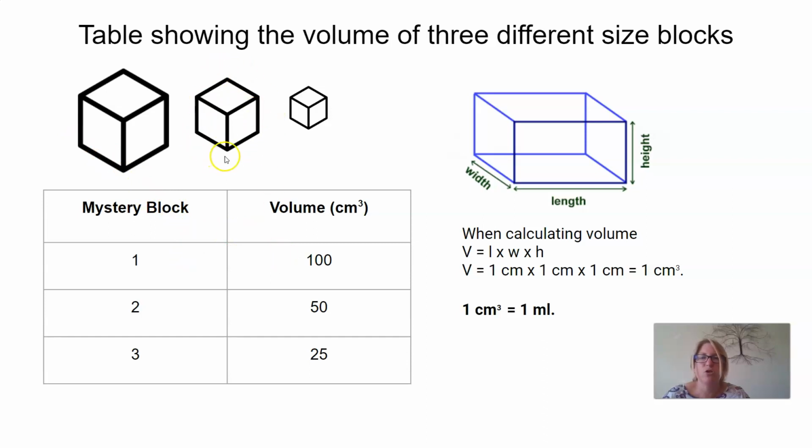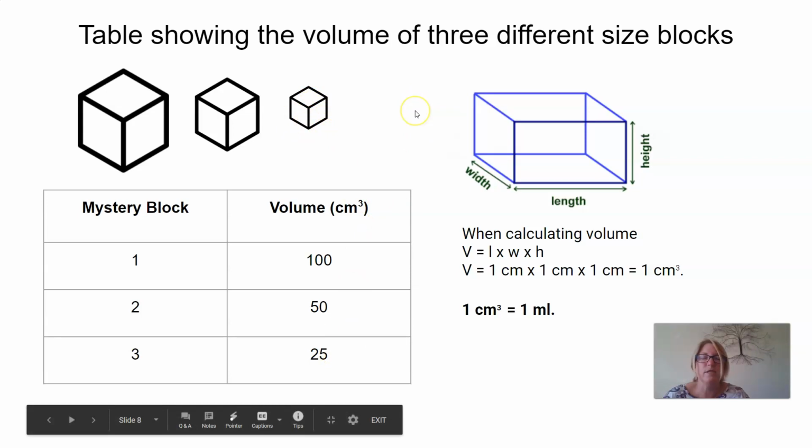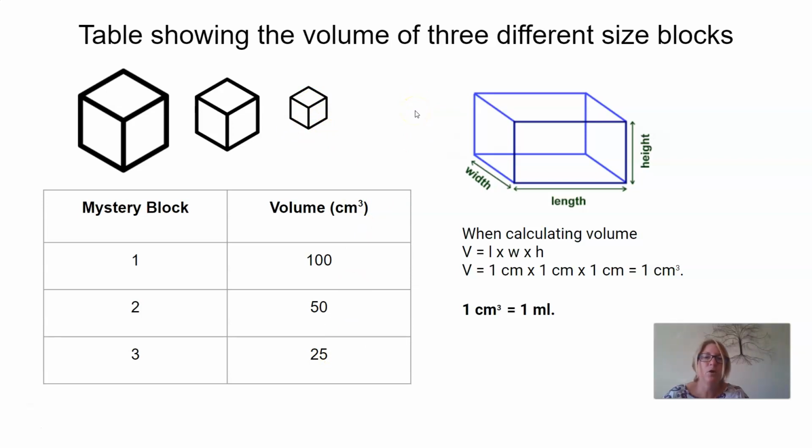Then I went to block 2 and I measured the width, the height, and the length, and I got a volume of 50. And then I went to the smaller block and measured the length, the height, and the width, and I got a value of 25. So now we have the volumes of our mystery blocks.